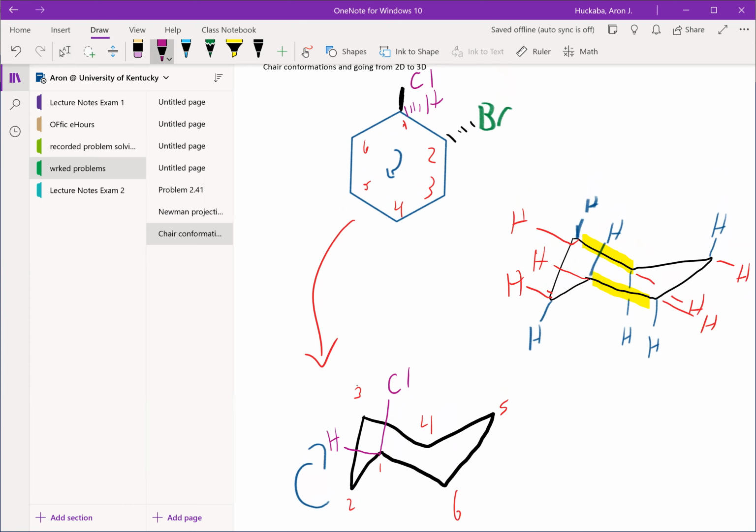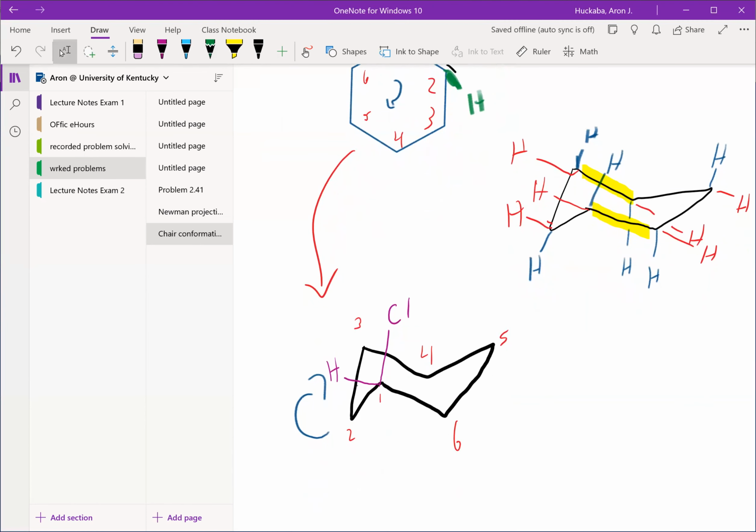Okay, in carbon number 2, we have the bromine going back, which means the hydrogen is going up. So the bromine needs to be going back, in other words, in an axial position, and the hydrogen has to be pointed up.